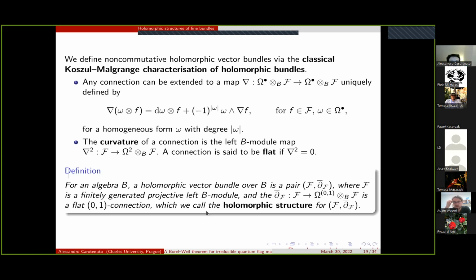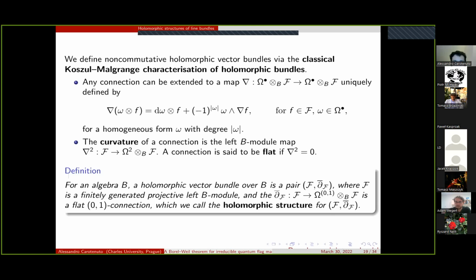Classically, the Koszul-Malgrange theorem, which you can think of as the Serre theorem holomorphic version, works for flat connections. I don't know if it works in full generality. Sorry, this is probably some misunderstanding. So this flat 0-1 connection is not a flat connection. It's not a flat connection, no.